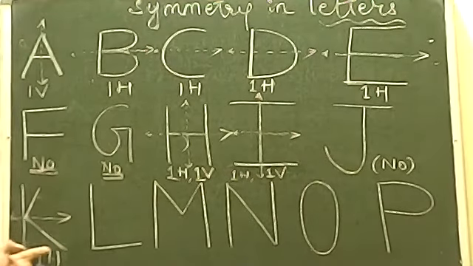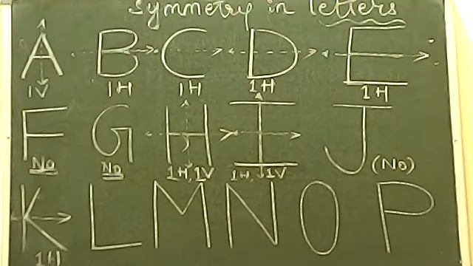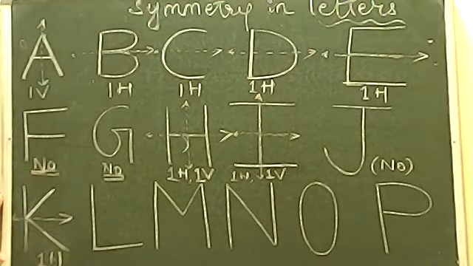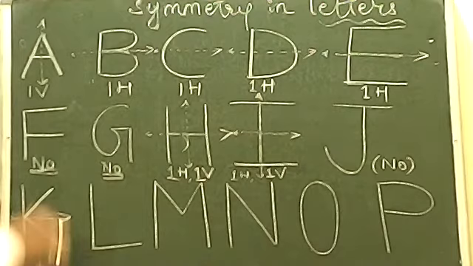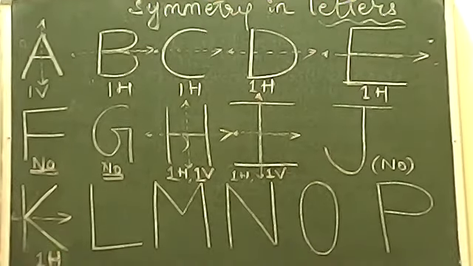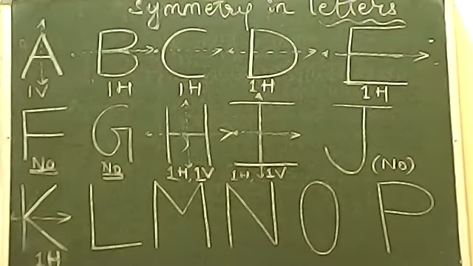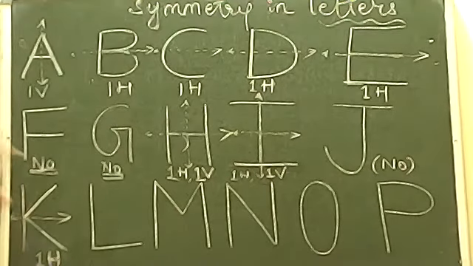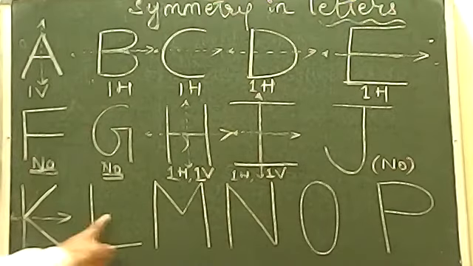If you find it like this, it means you don't have a line of symmetry in K. But right now we are drawing K like this. So if I am writing like this, then you will have one line of symmetry, that will be one horizontal. I have checked many places for the alphabets A, B, C, D, and found that somewhere K has both lines equal, and somewhere K has one line equal and another line shorter.